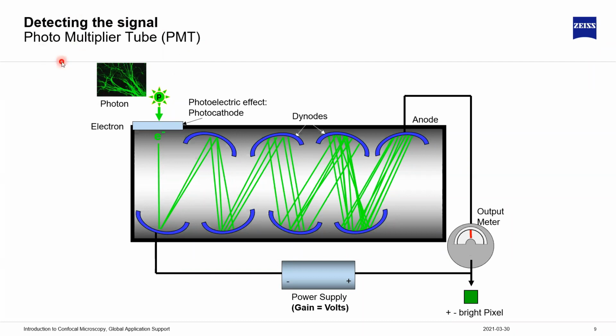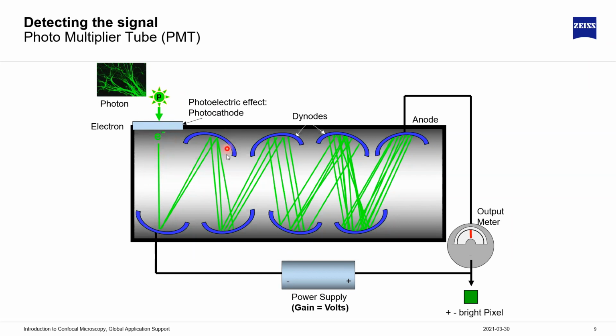And what they do is what their name says: they are multiplying photons. When your sample is emitting light, this light is in the form of photons. When the photons hit the entrance of the photomultiplier tube, at the entrance of this PMT is a photocathode, where the so-called photoelectric effect happens. In this photoelectric effect, the photons are basically transcribed into electrons.